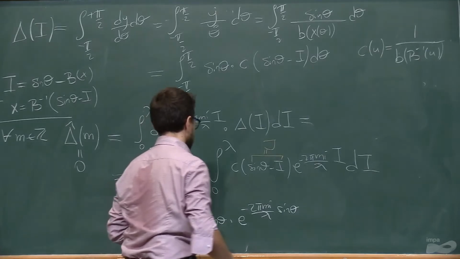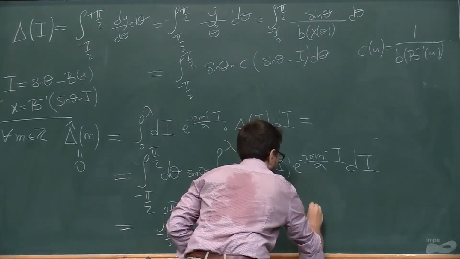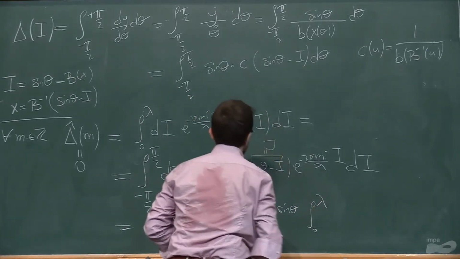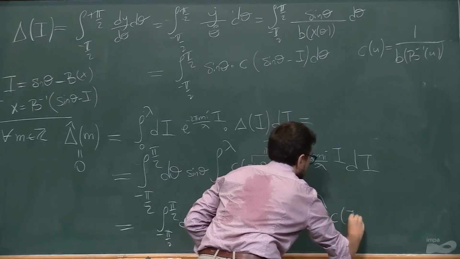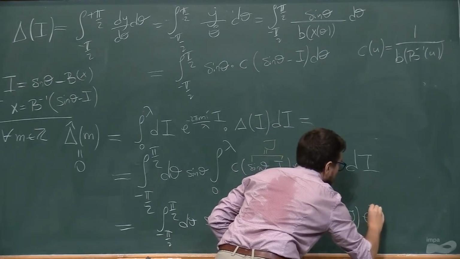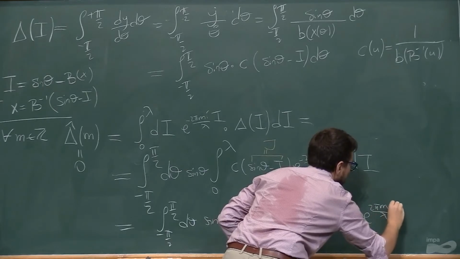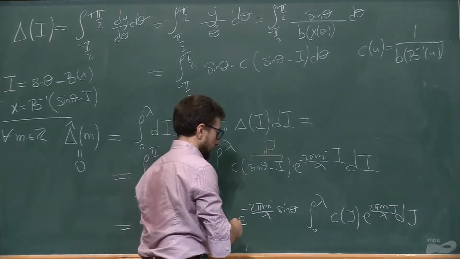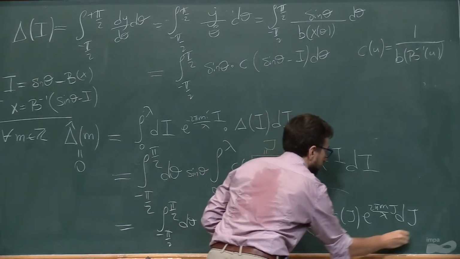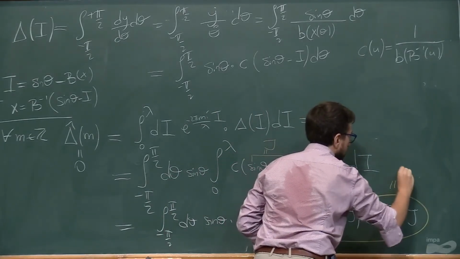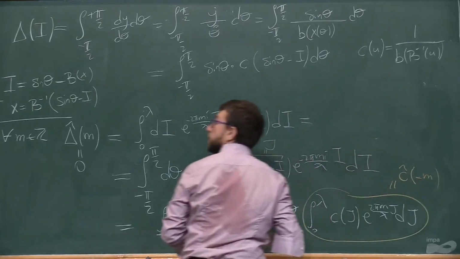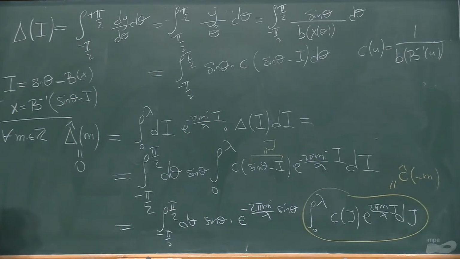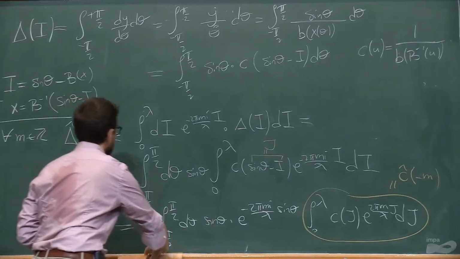And then what remains here is the integral between 0 and lambda of c(j) e to the 2 pi m j over lambda dj. Okay, so this is then the Fourier coefficient of c, minus m.